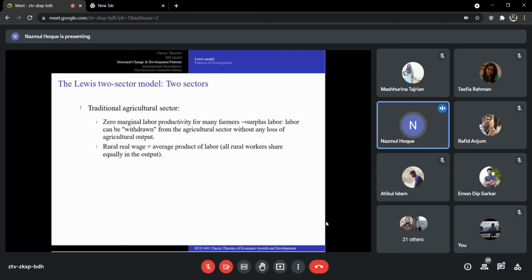Mashrubuzzaman was asking for some examples of subsistence sector. So basically, if you think about our country, you cannot really think of a sector as a subsistence sector entirely, but you can have farmers or individual families who are subsistence farmers. Basically, they will be producing rice or other crops for their own consumption.